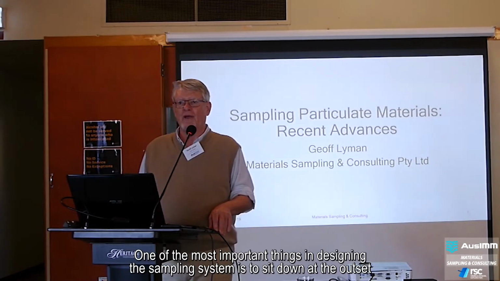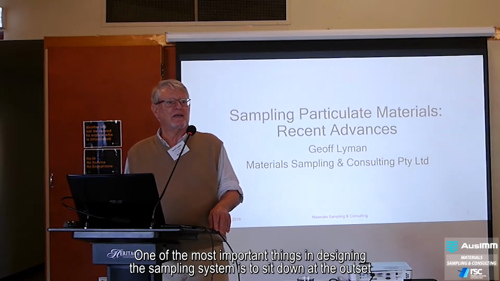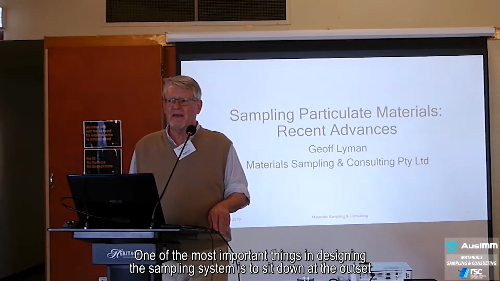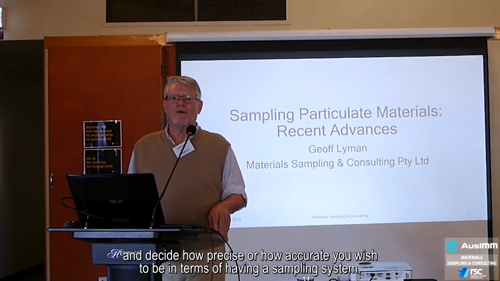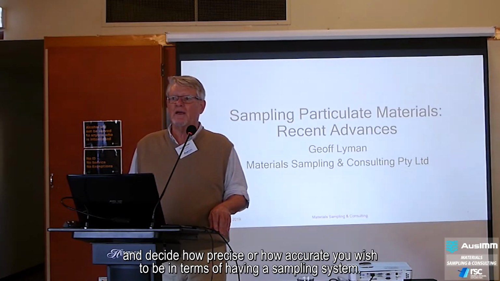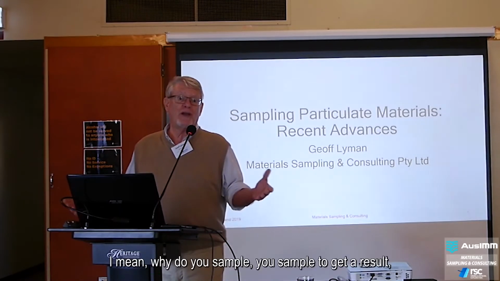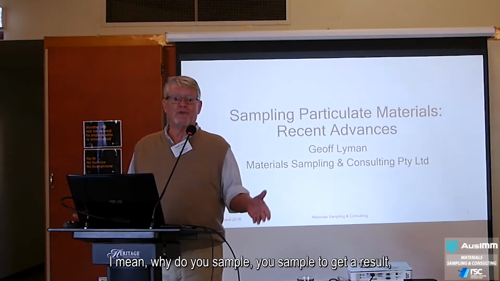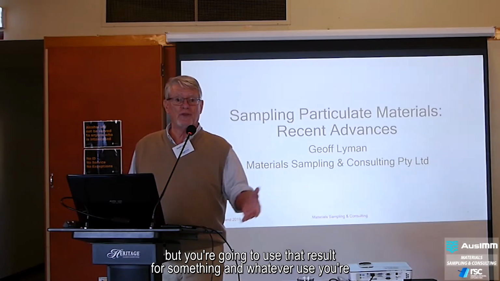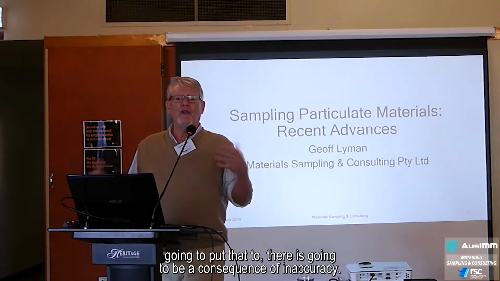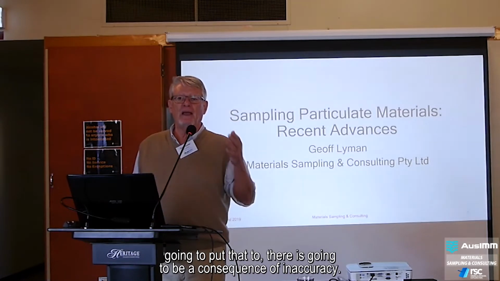One of the most important things in designing the sampling system is to sit down at the outset and decide how precise or how accurate you wish to be in terms of having a sampling system. I mean, why do you sample? You sample to get a result, but you're going to use that result for something, and whatever use you're going to put that to, there is going to be a consequence of inaccuracy.